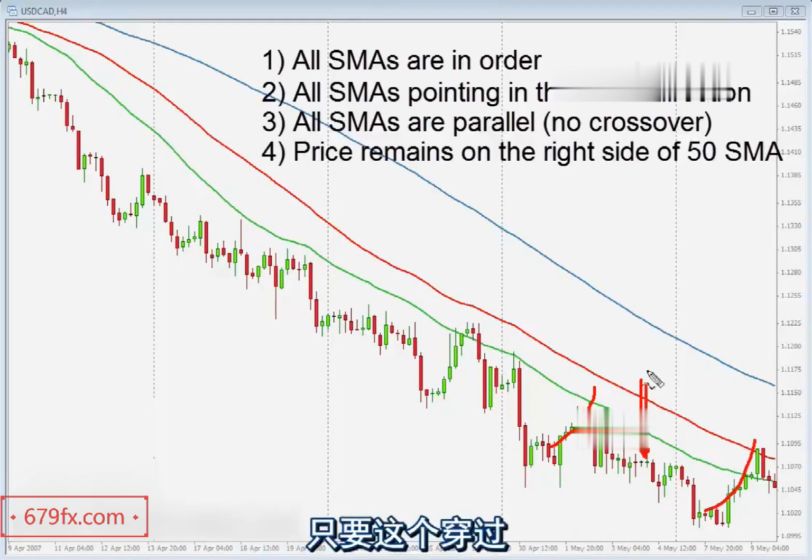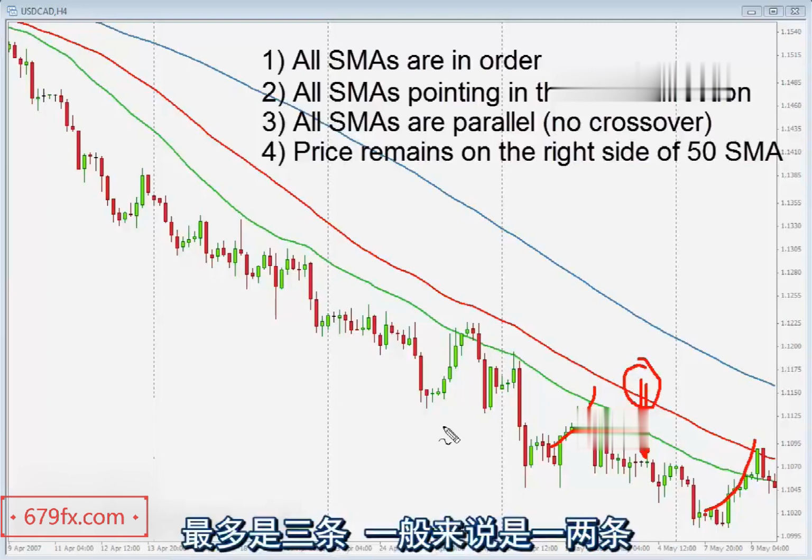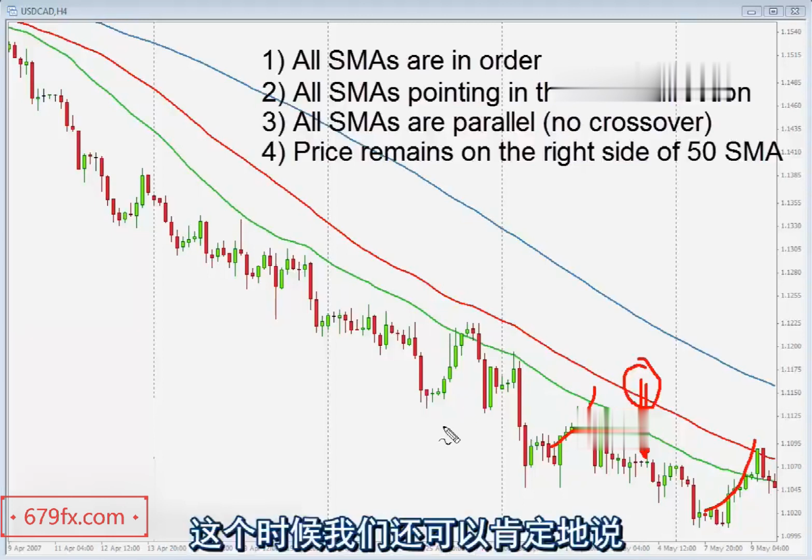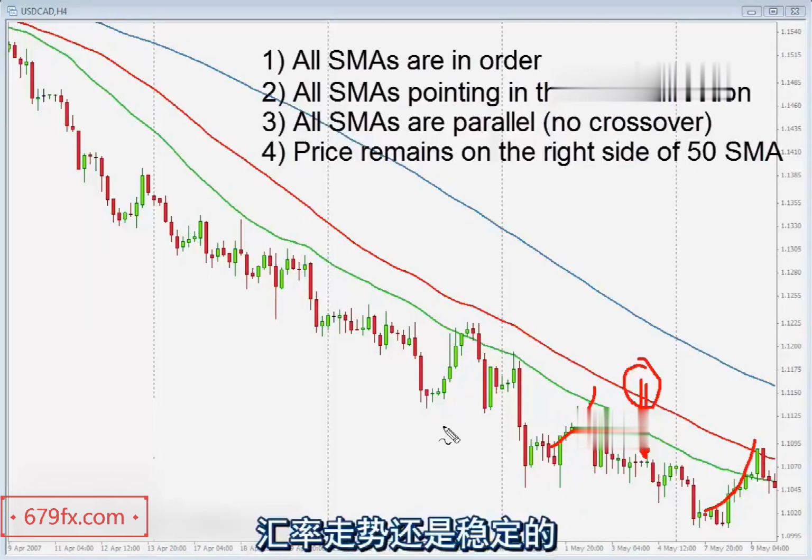Like I say, as long as that breach above doesn't take more than 1-2-3 bars maximum, within 1, 2 or 3 bars, price dives back down into the right side of the 50 simple moving average, we can safely say that the trend is still in place. All right.